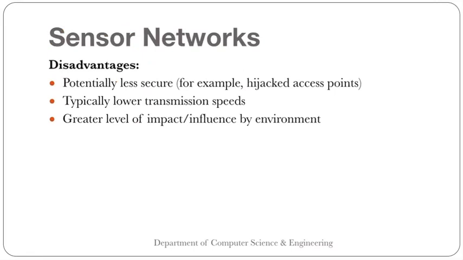Greater influence by the environment, depending on where we are placing our smart object or device. It may get affected because of the environment. Nowadays environmental changes are happening so much, so taking that into consideration, we need to design our objects. Again, this is a disadvantage, that it will get affected by the environment.